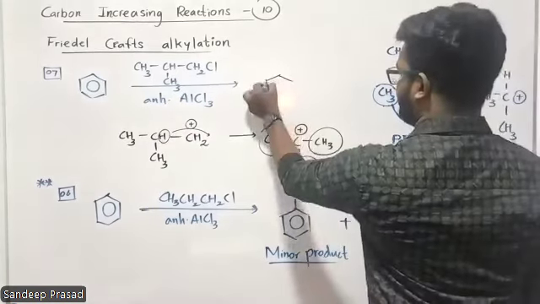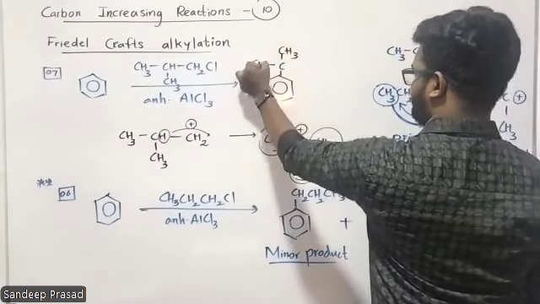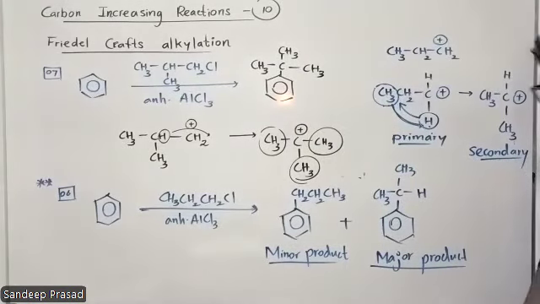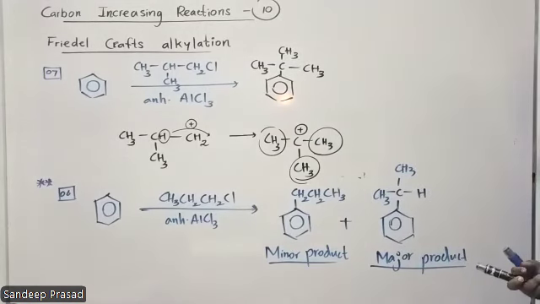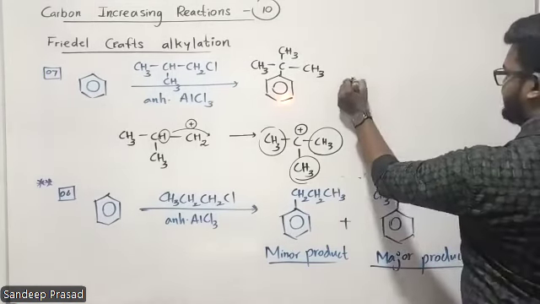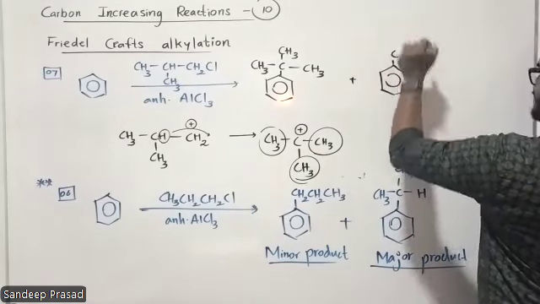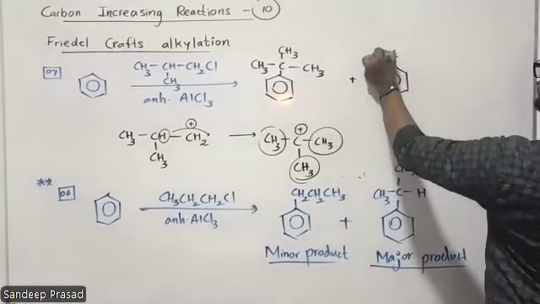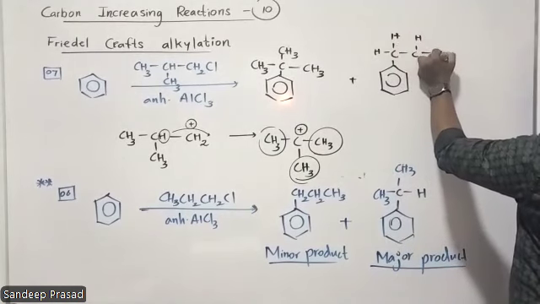Then this is the major product. Benzene is connected to this kind of a tertiary carbocation, CH3. Then what is the minor product? The minor product is the one we expect. The same primary carbocation is connecting to the benzene ring. So that is the minor product. Then we can say that here CH2, CH3.